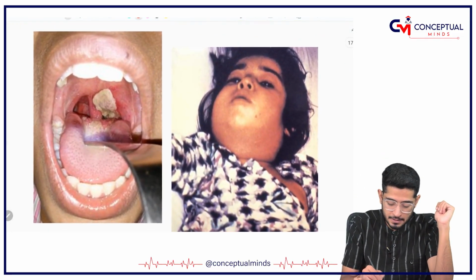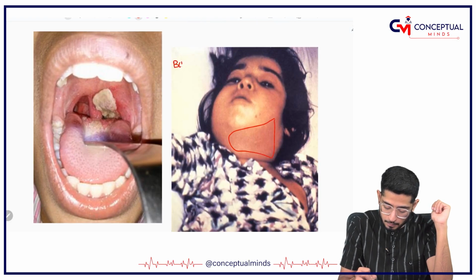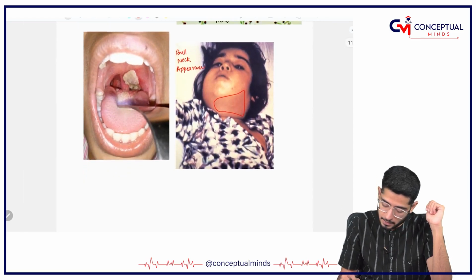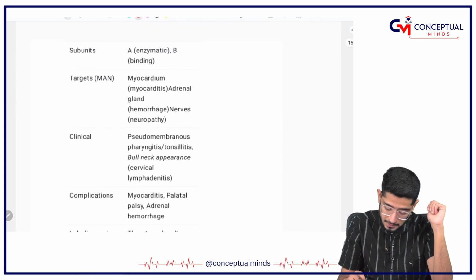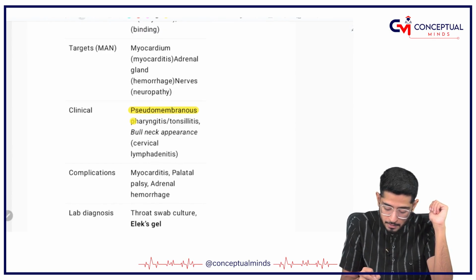Now these are the clinical features. Can you see the appearance of the neck? This is called bull neck appearance, which is seen in diphtheria. The other thing you can see is pseudomembranous pharyngitis or tonsillitis, and yes, there is a bull neck appearance. Why?